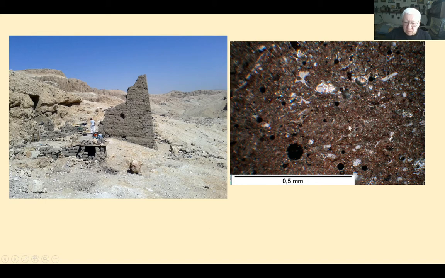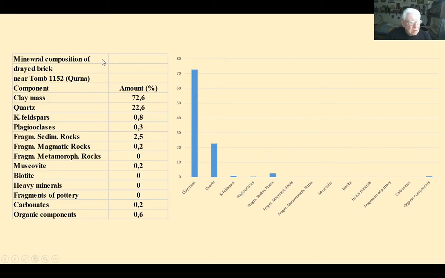This is a microscopic picture of the bricks from this construction, and the mineral composition is as follows. Clay minerals about 70%, quartz, etc. And on the diagram it looks like this.